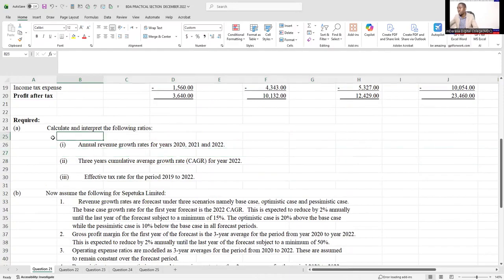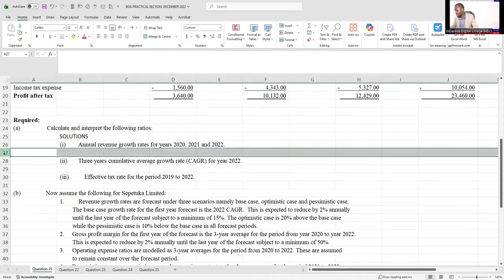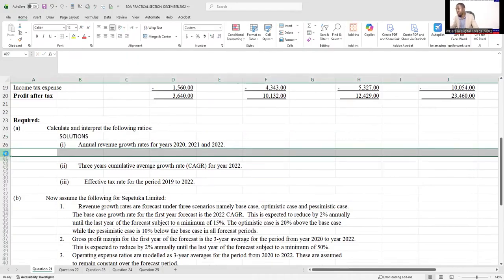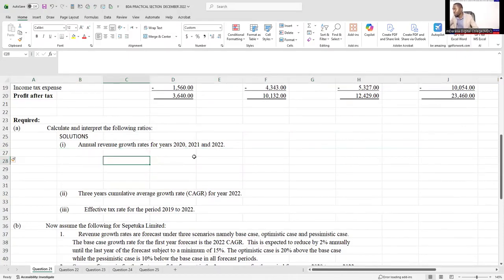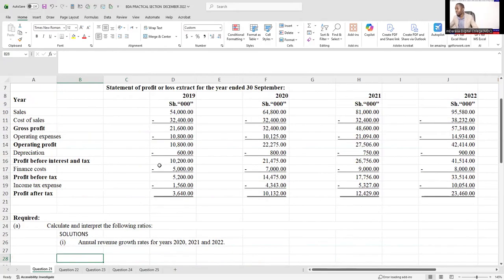So we are dealing with annual revenue growth rate for years 2020, 2021, 2022. Very easy.